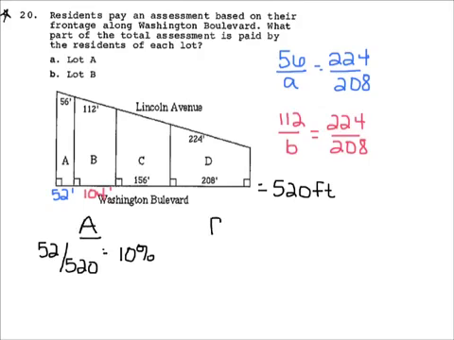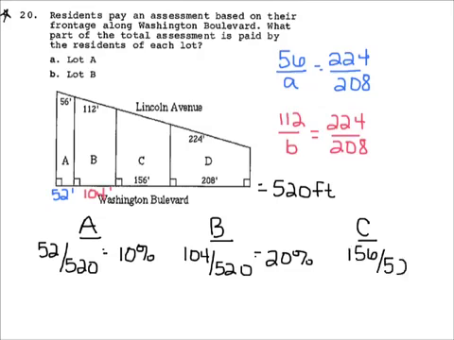For lot B, I would do 104 out of 520. And with 0.2, which is 20%. Lot C, I would do 156 out of 520.